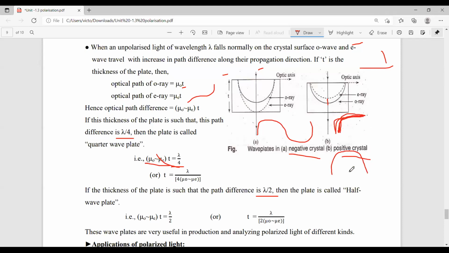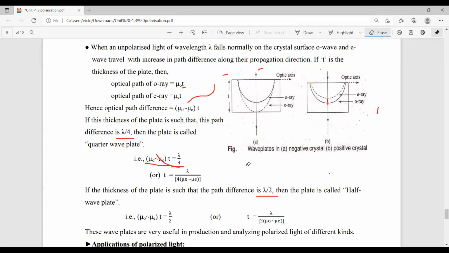If we use a half wave plate, then only half the wavelength of light passes through it. Actually, this is the full wavelength of the light, but a quarter wave plate means light travels only lambda by 4 distance. A half wave plate means the light travels only lambda by 2 distance. So that is the meaning of a quarter wave plate and a half wave plate.